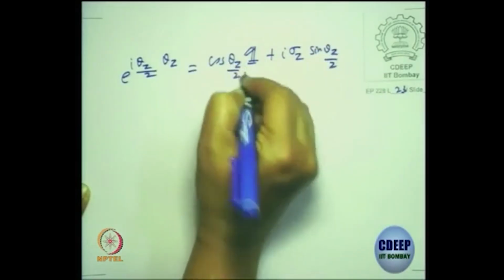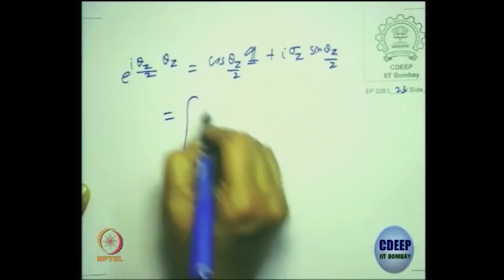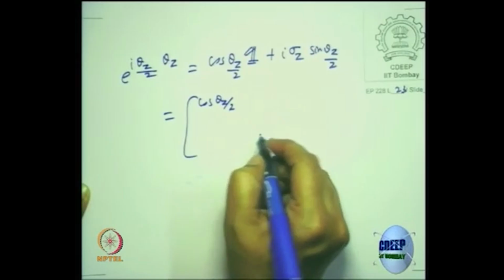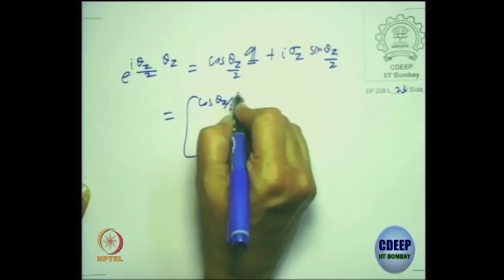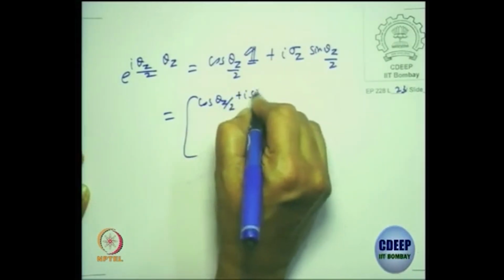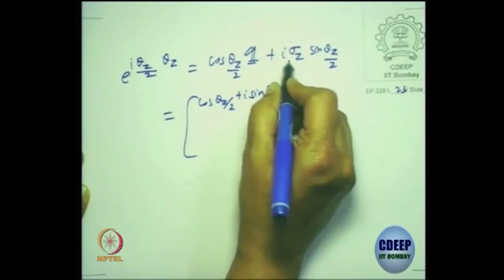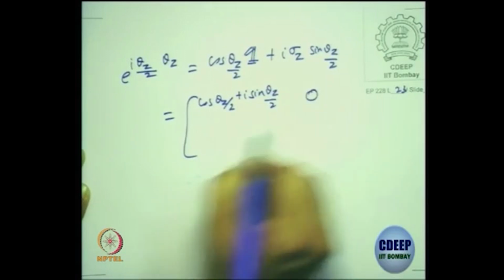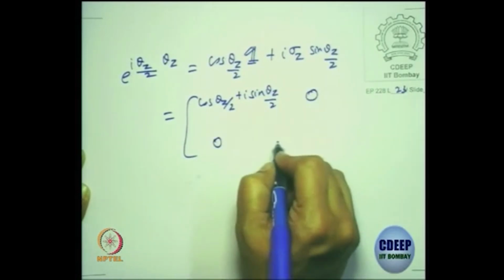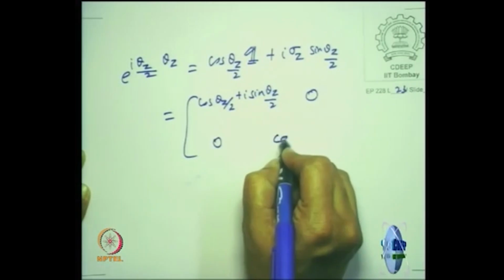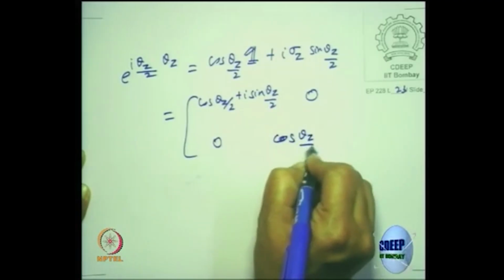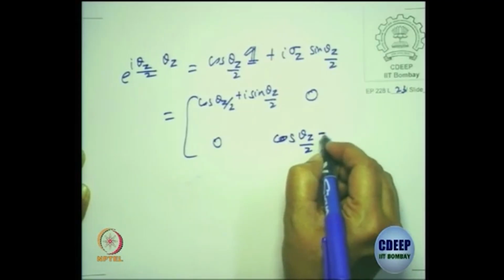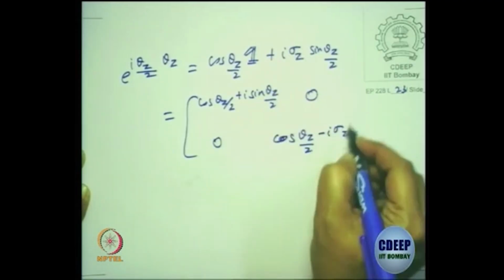So you can write this as cos theta z by 2 plus i sin theta z by 2 times sigma z, which is 1 and minus 1 on the diagonal, with 0 elsewhere: cos theta z by 2 minus i sin theta z by 2 for the second entry, since sigma z is minus 1.